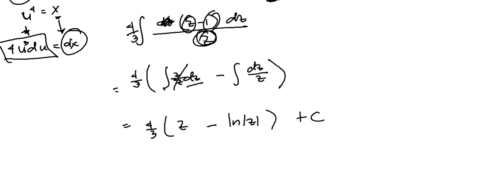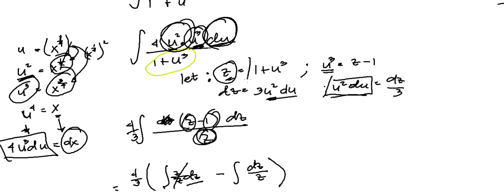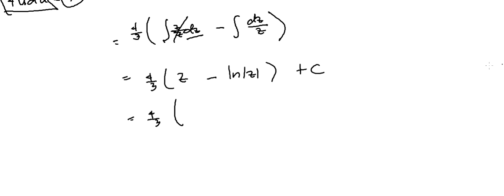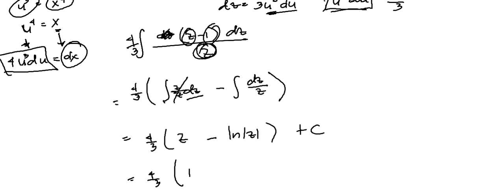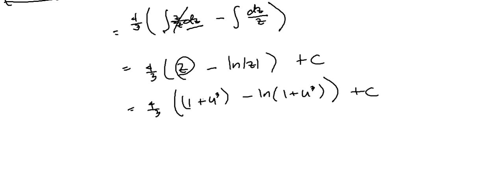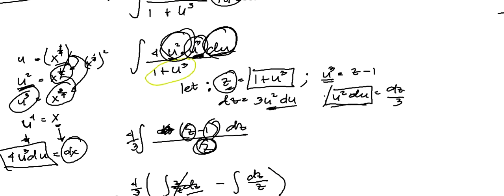Okay, but we need to bring back the value of our z. What's the value of our z? It is 1 plus u cubed, so 1 plus u cubed, and then minus ln of 1 plus u cubed, then plus c. But we also need to bring back the value of our u, where u cubed is x raised to 3/4.